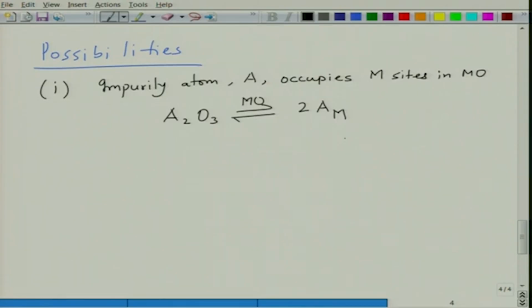Okay. What must happen? MO host lattice has a site ratio of 1:1, right. This is the host site ratio, and impurities cannot disturb that. So, when 2 A's go to M site, 2 oxygens go to oxygen site.